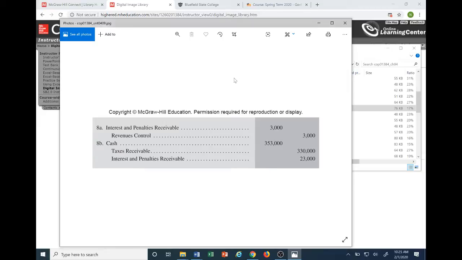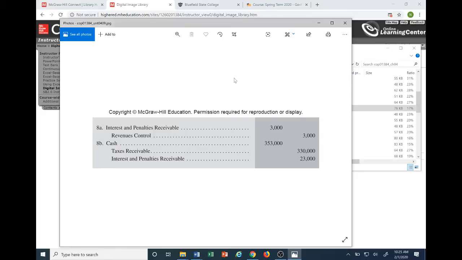So you're going to accrue that amount from that period. We're going to debit interest and penalties receivable of $3,000 and credit revenues control, right? So now we've accrued that as interest and penalties receivable, and we've counted it as revenue.